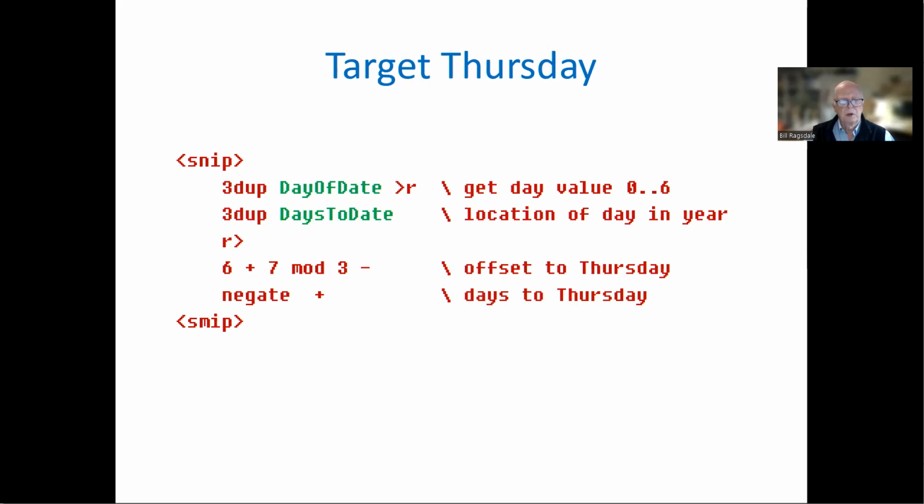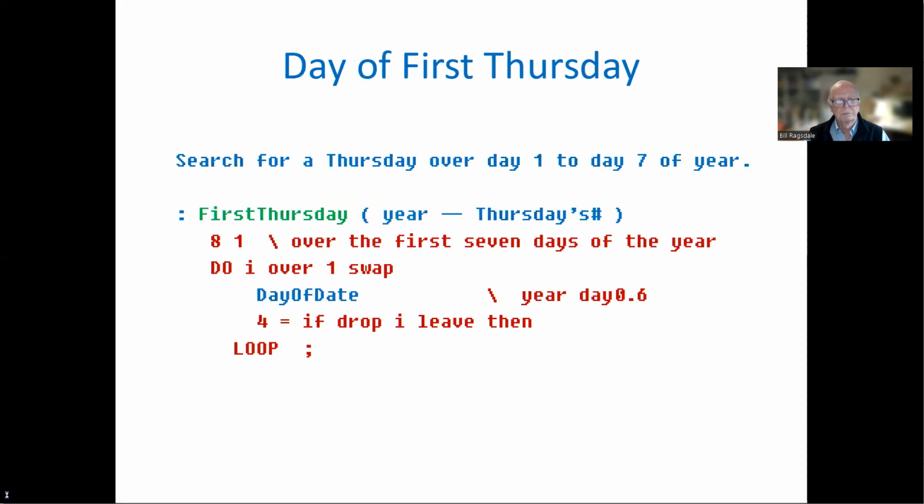Now we're doing some arithmetic to offset to Thursday, and this gets us the number of days we have to offset our day of the year by, and we negate that and then add. Now this has got us to the position of the target day within the year relative to a Thursday.